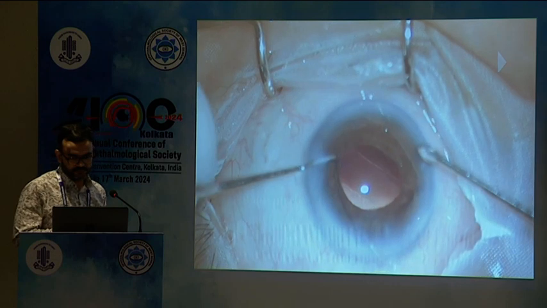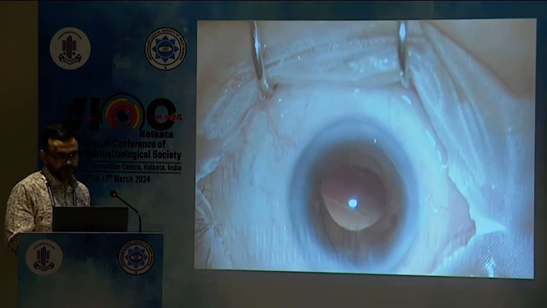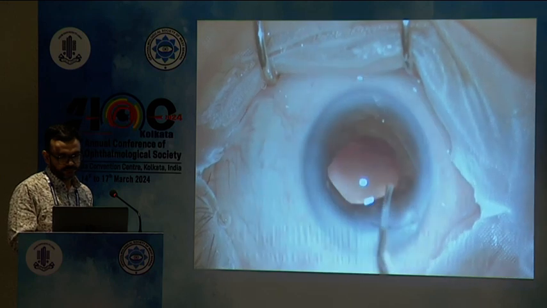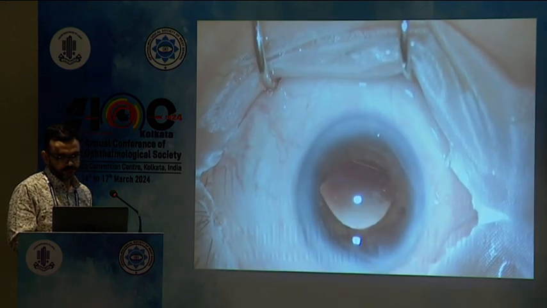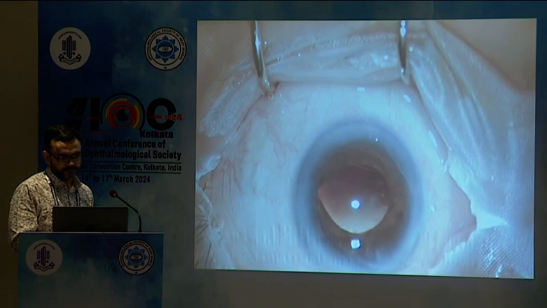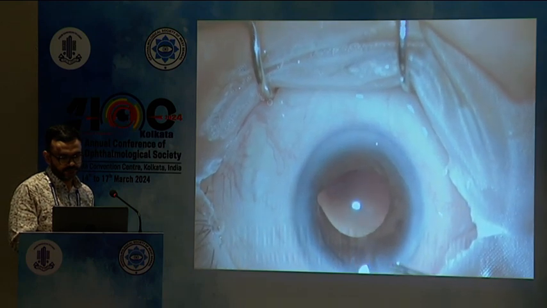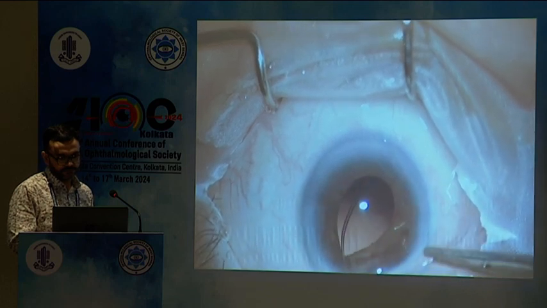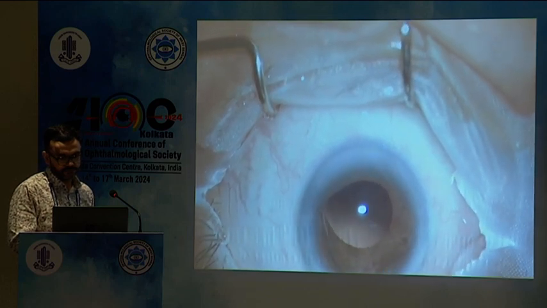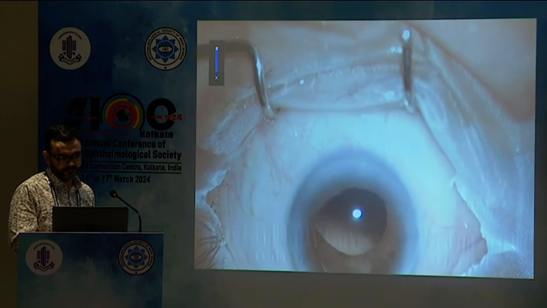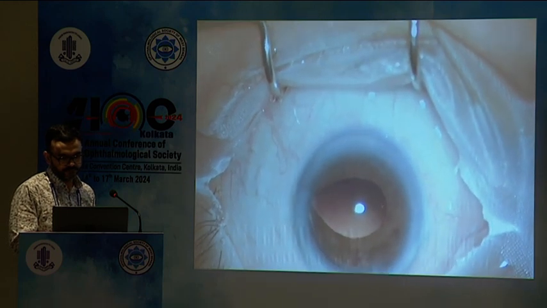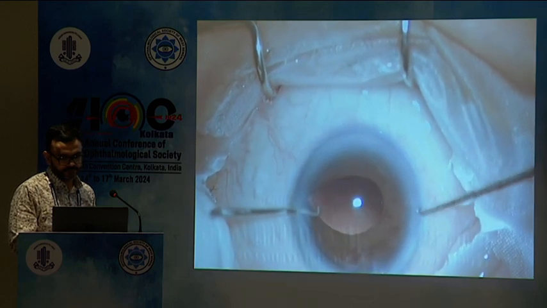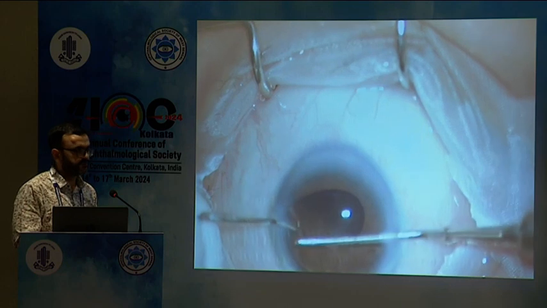I noticed a horizontal fold appearing in the bag, suggesting the leading part of the ring is outside the capsular bag. So, I removed the CTR ring partially and reintroduced it. This time no folds appeared.